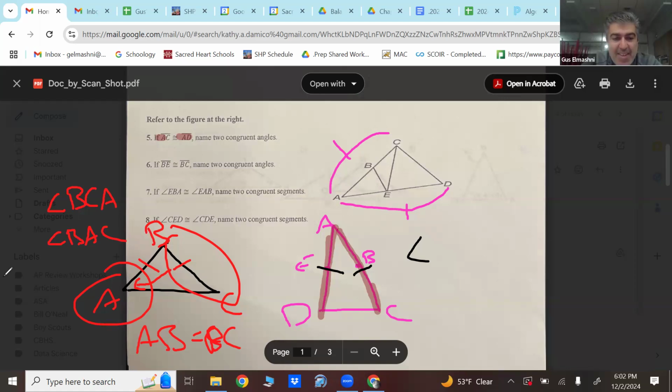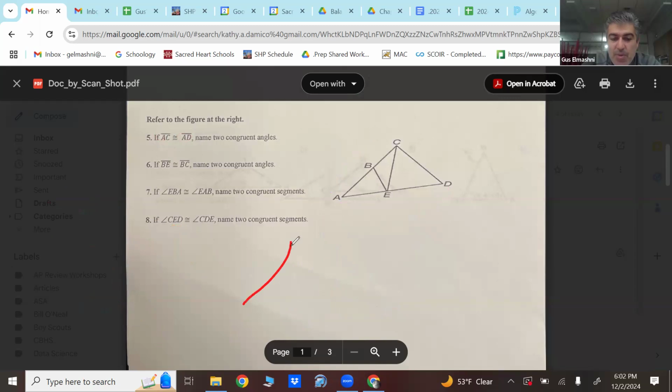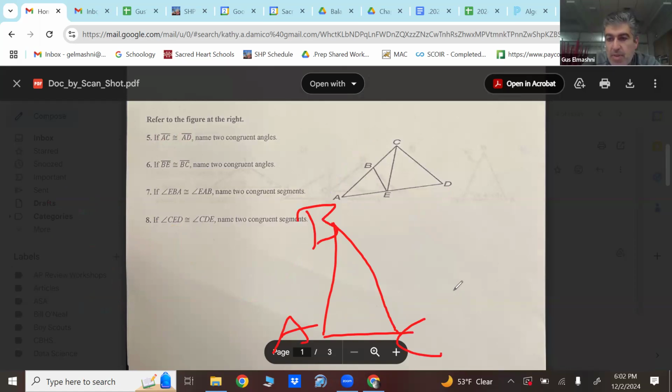Okay, let's just back up a little. Let me make it more obvious. A, B, C. What two sides do you think are going to be the same here? AB and BC.